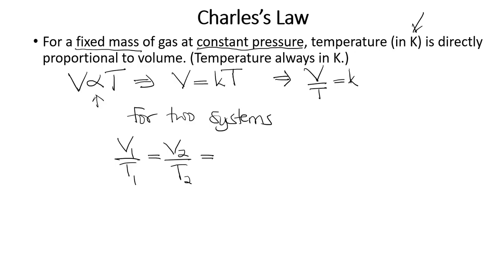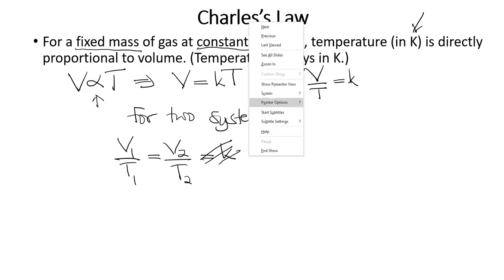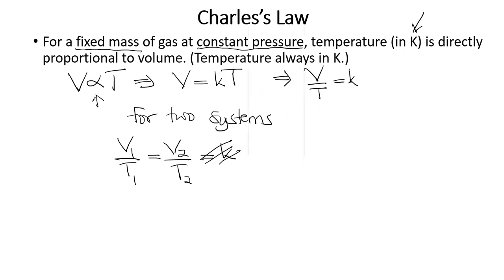Both of them are equal to K. But usually for two systems, we don't include K. So I can just delete this K here.